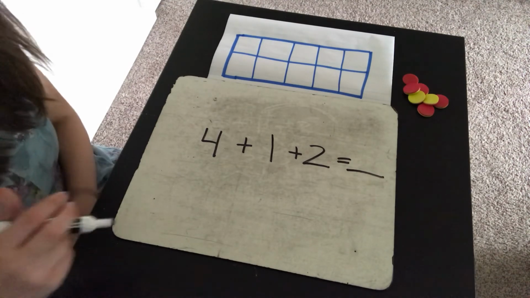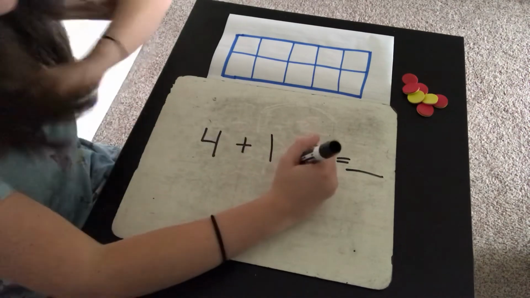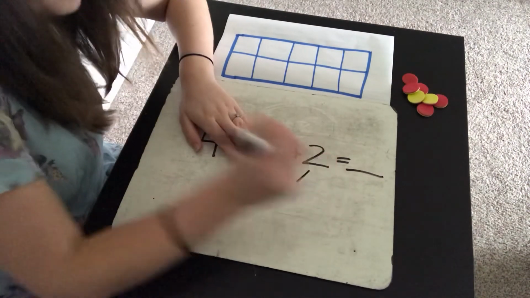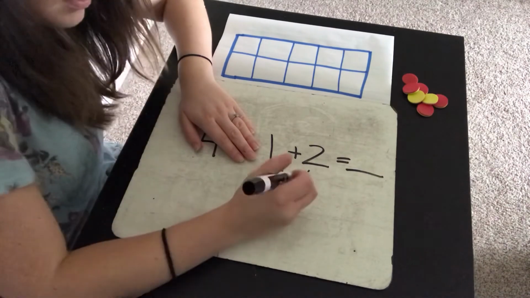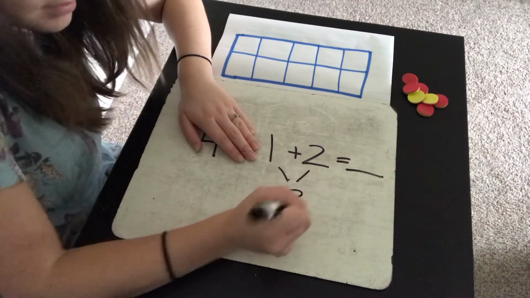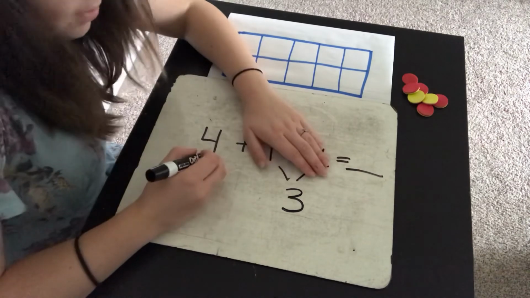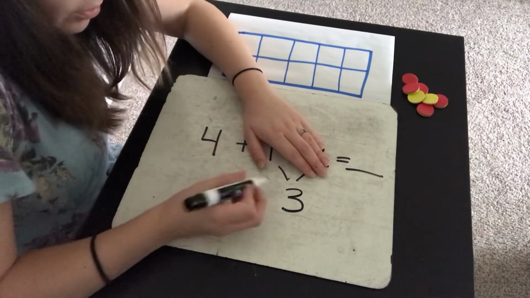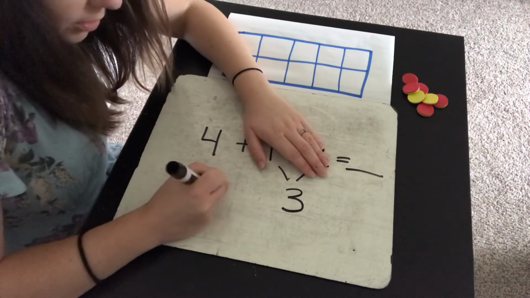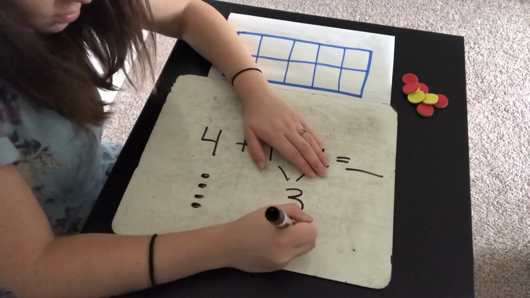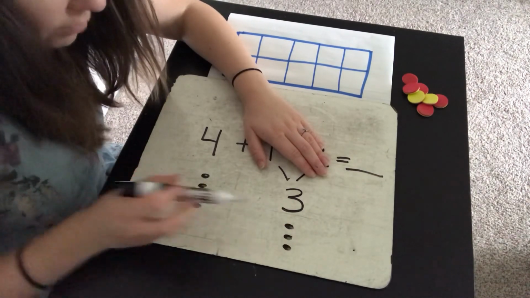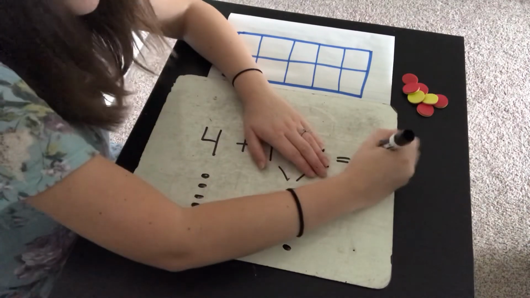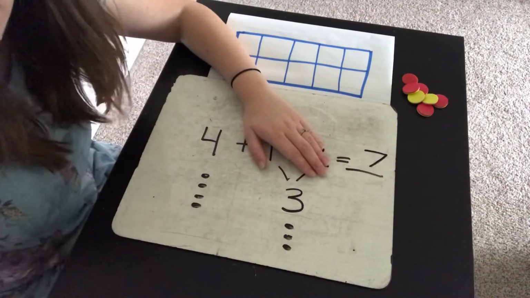Well, you may say, oh, I know this problem already. I know what 1 plus 2 is. 1 plus 2 equals 3. And then you can solve 4 plus 3. If you don't know 4 plus 3, you could draw a picture or use your counters to solve. 1, 2, 3, 4, 5, 6, 7. So this whole problem should equal 7.